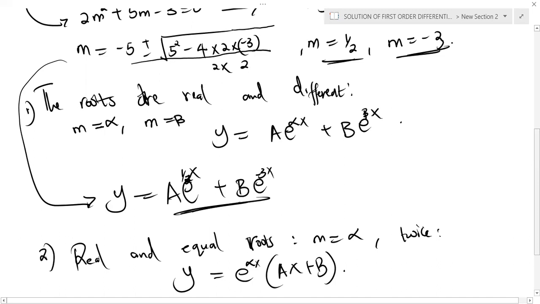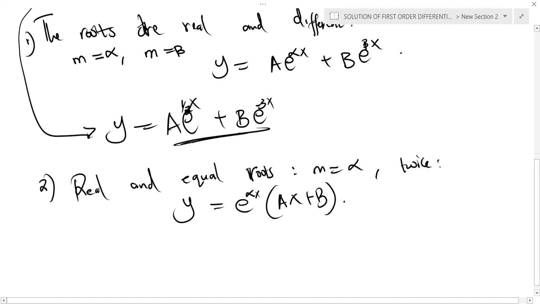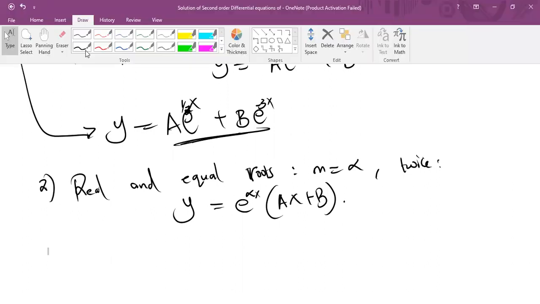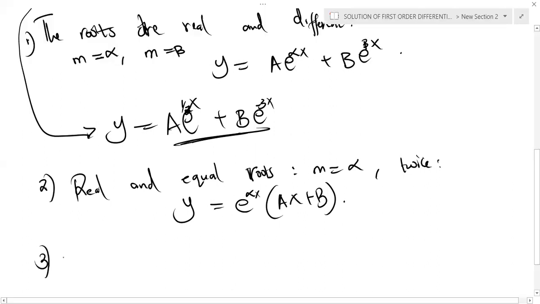And let's also say you get complex roots. Let's say your complex roots are m = alpha ± beta j.